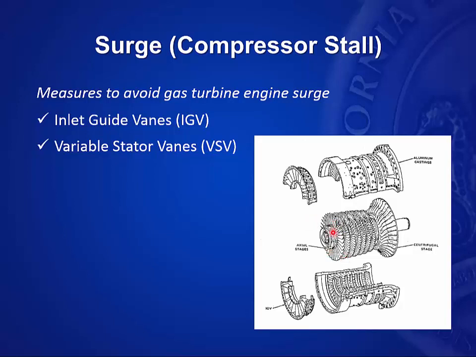So we can adjust the inlet guide vanes so that they always have the right angle of attack striking the next compressor blade. Well, after this, and that's within this casing, there are your stator vanes. Okay? And each one of those may have an adjustment so that you can also change the angle of attack.